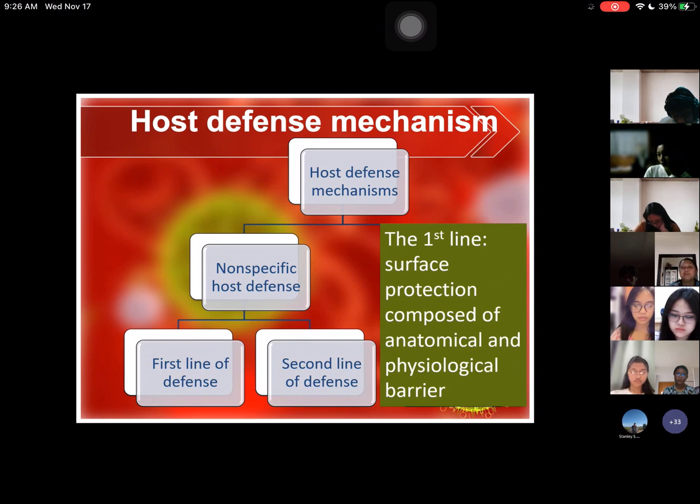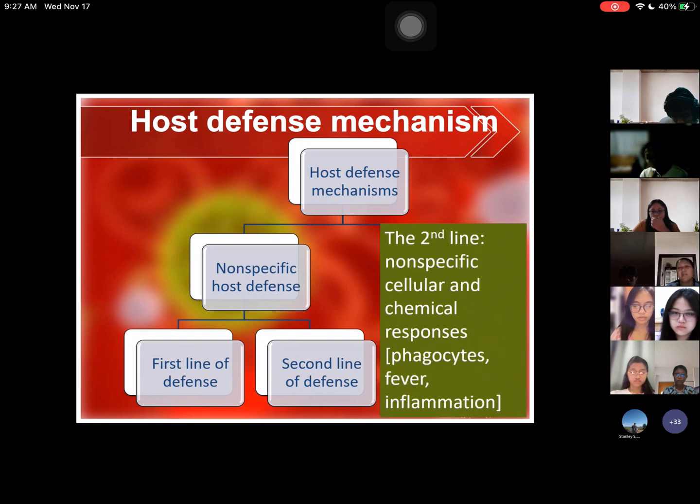The first line of defense is usually our surface protection, composed of anatomical and physiological barriers. The anatomical barrier is our skin, and the physiological barrier is our mucous membranes. Our second line of defense will be our non-specific cellular and chemical responses.